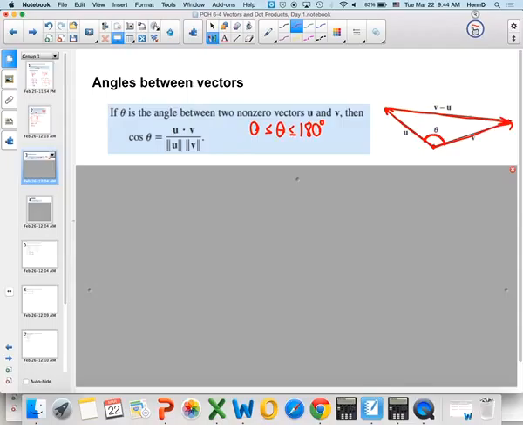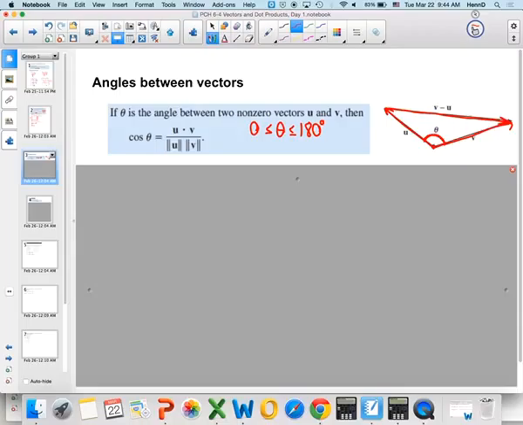Okay? The reason for that is, if you wanted this angle, you could very easily get it by then just subtracting from 360. Okay? But when we're saying between, we're looking at the smaller angle between the two. Okay? Not outside.